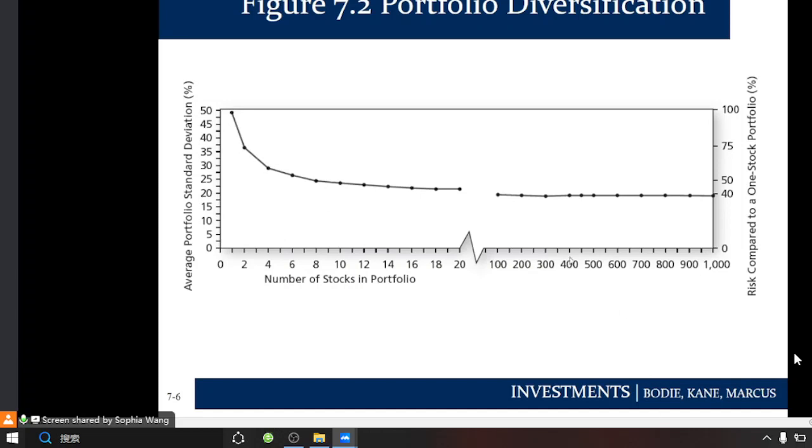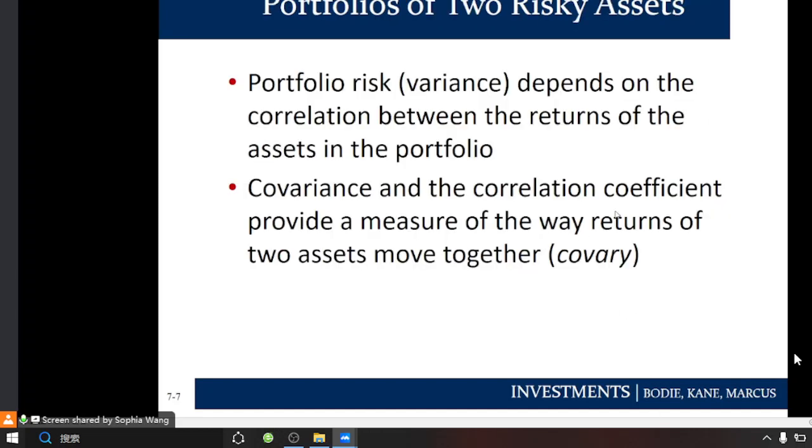Okay, so this is portfolio diversification. We can see that portfolio risk depends on the correlation between the returns of the assets in the portfolio. So if you increase the number, then the portfolio risk will decrease in our normal sense, okay?